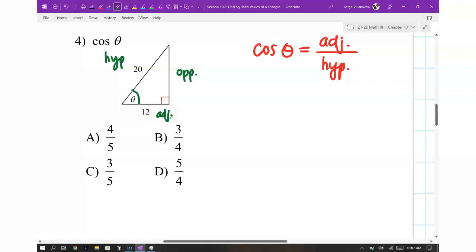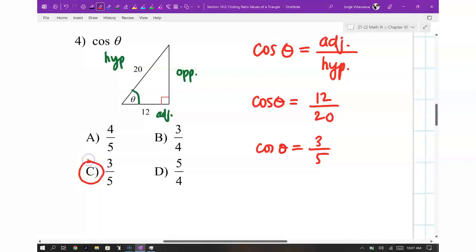Do I happen to have everything I need? Yeah, I got the adjacent side. I got the hypotenuse side. I don't have to use the Pythagorean theorem. So cosine of theta is adjacent, which is 12, over hypotenuse, which is 20. Just simplify. I can reduce 12 and 20 by 4, so this will be 3 over 5.